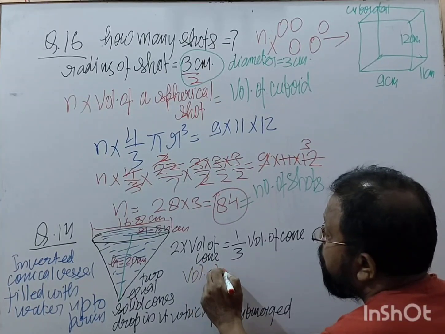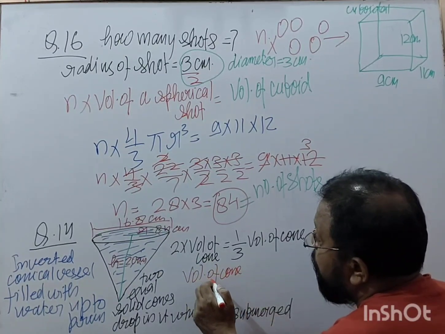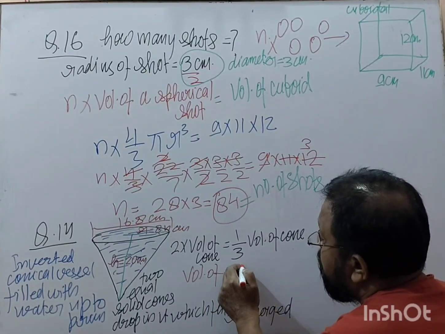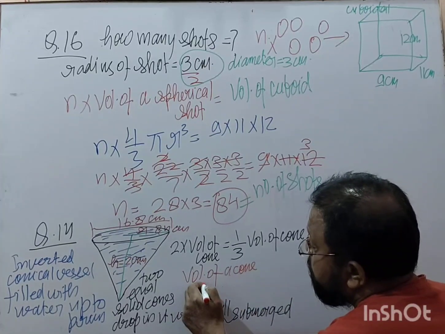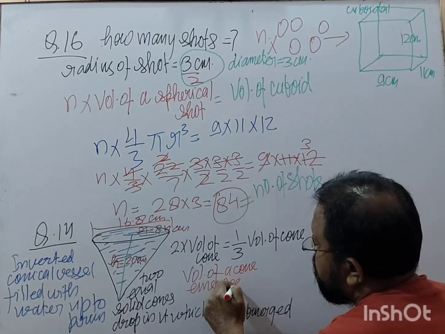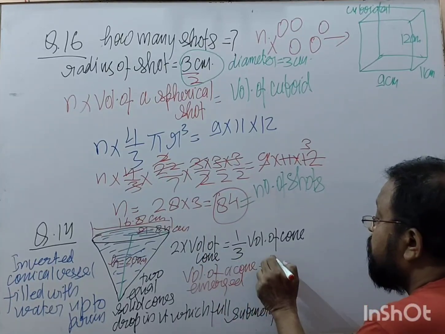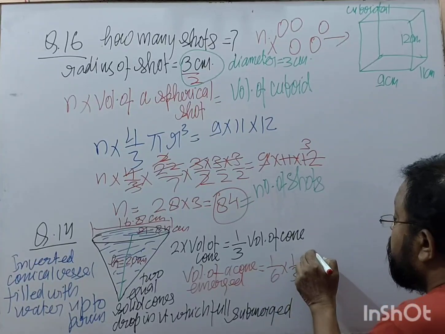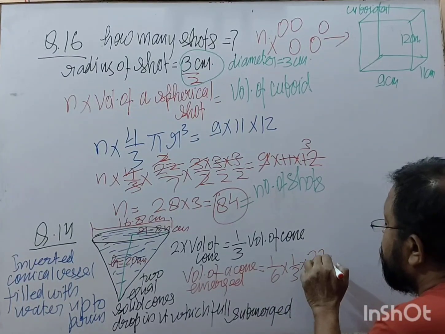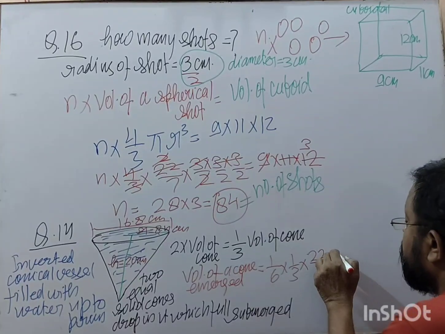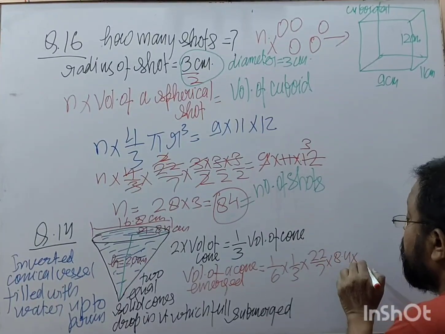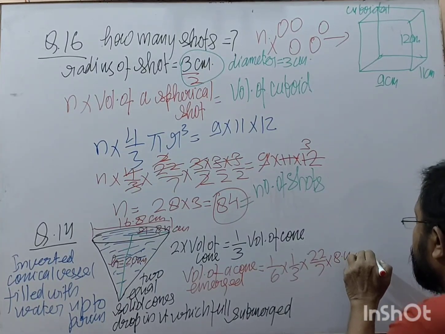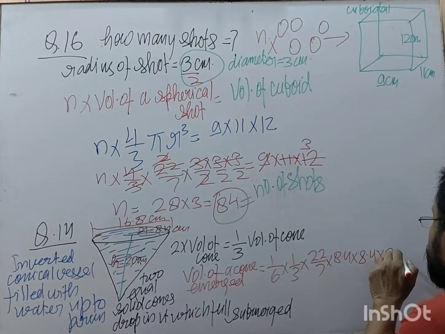So volume of a cone immersed is equal to 1/6 into 1/3 into 22/7 into 8.4 into 8.4 into 20.